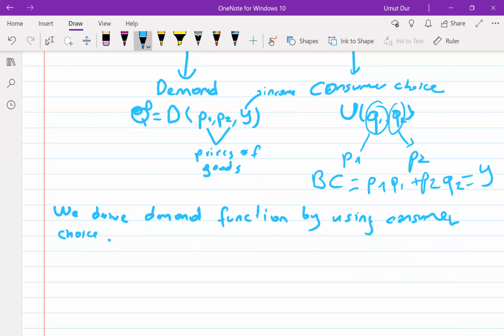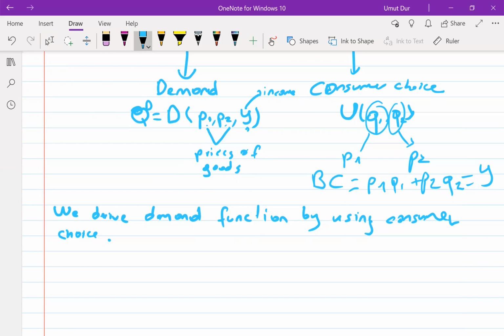That's to say, the demand will be a function of the price of its own good, the price of the other good, and your income. And we will relate it with the utility maximizing quantity that we find from the utility maximization.